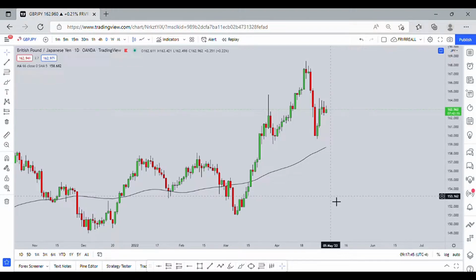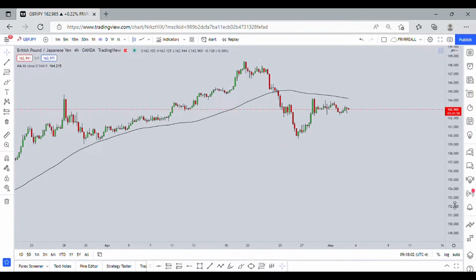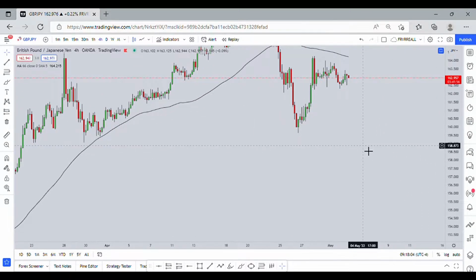What I mean by time frame is simply this: on the daily time frame, one candle represents one day. On the 4 hour, one candlestick represents 4 hours.